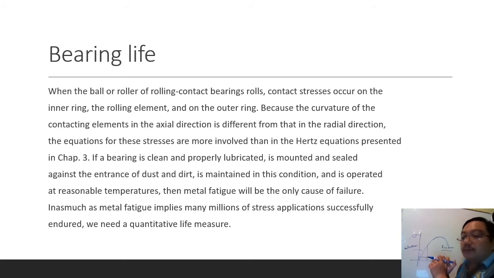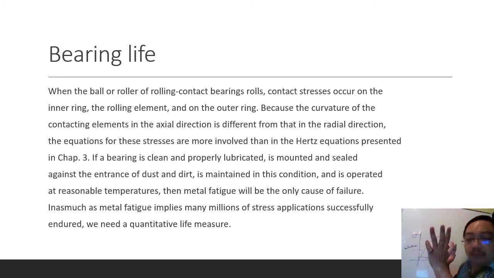So this is what causes metal failure. If you can avoid all the dirt and dust from entering the bearing, only metal failure can happen. However, we do not know when metal failure will happen. Let's say you buy a bearing and put it in your machine, taking proper precautions against all the dust, the environment, and the dirt.